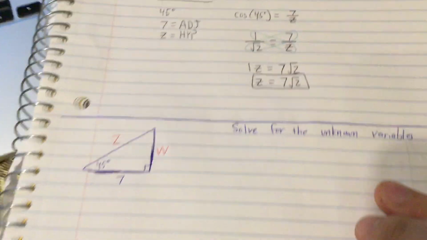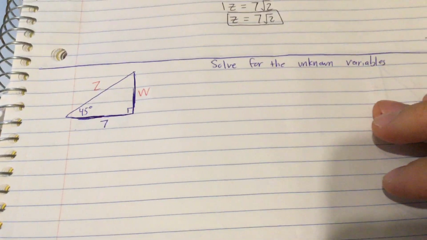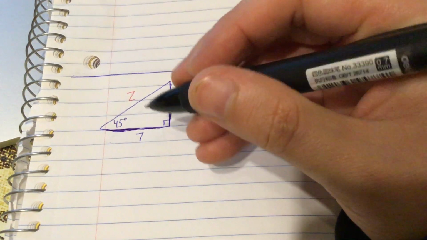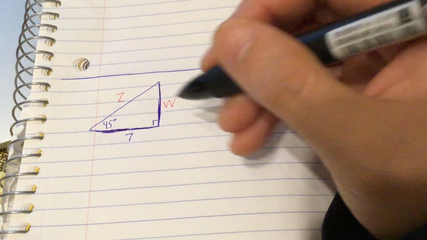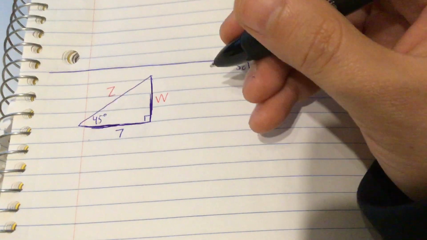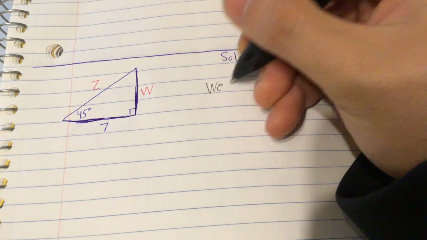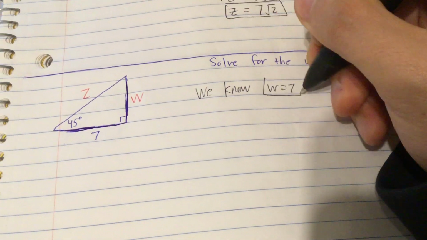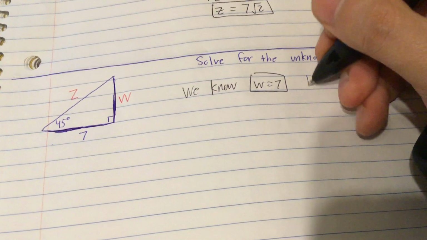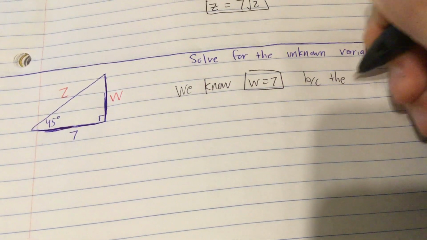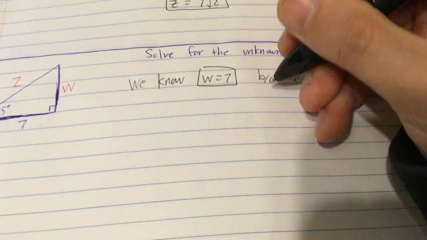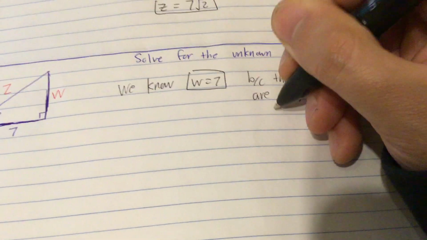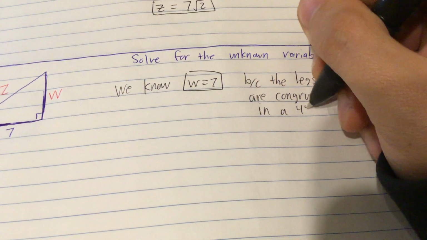And if you don't like that method, I'm not going to take away the Pythagorean theorem from you. So I am going to start with the same first step. My biggest hint in a 45, 45, 90 triangle is that the legs are congruent. So we know that W has to equal 7 because the legs are congruent in a 45, 45, 90.